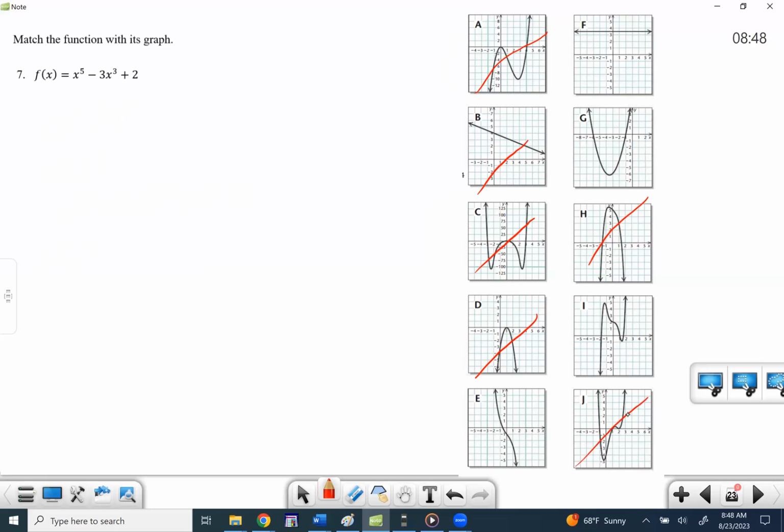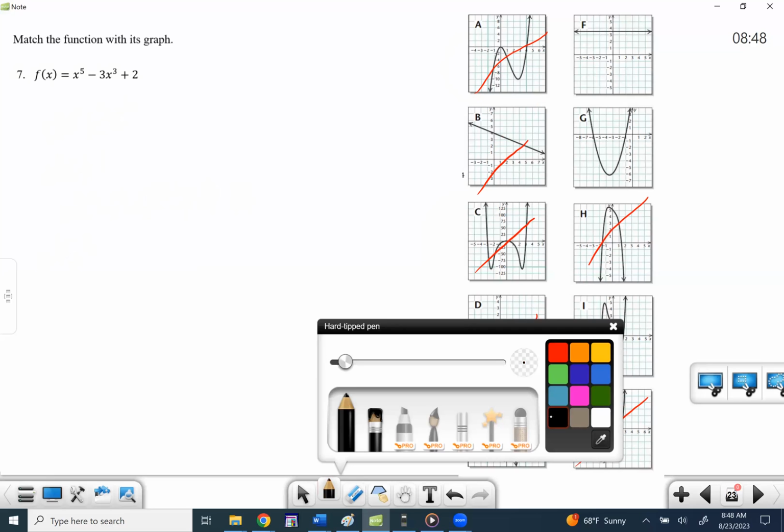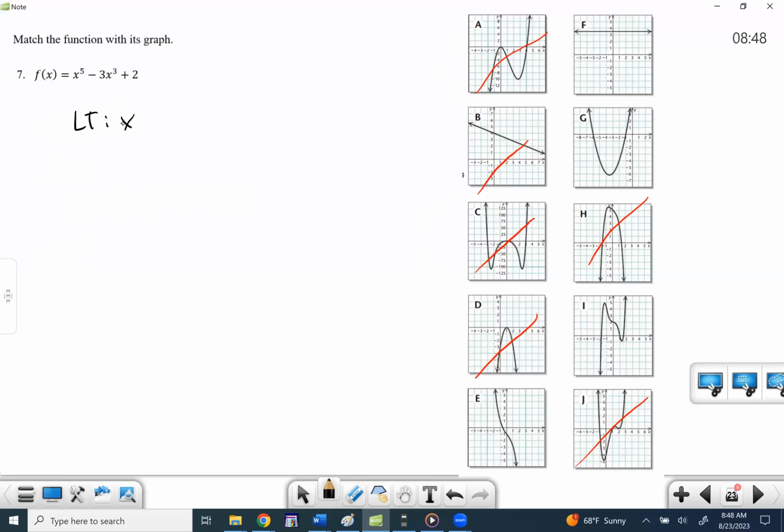All right. The leading term is x to the 5th. The leading coefficient is 1, which is positive. So the right goes up. So it's got to be I or G. All right, and the degree is 5, which is odd, opposite.